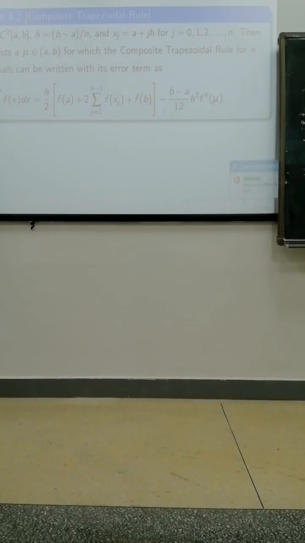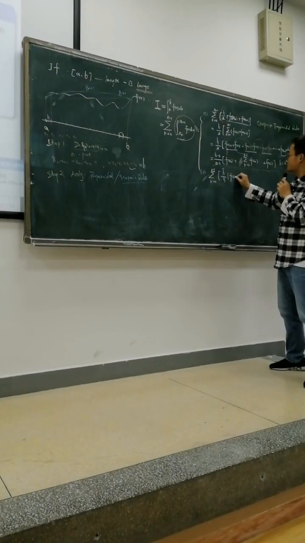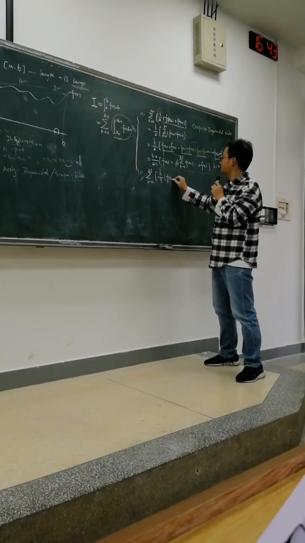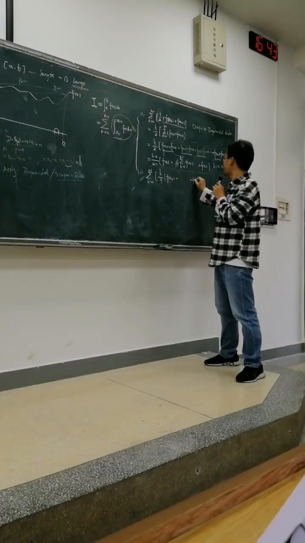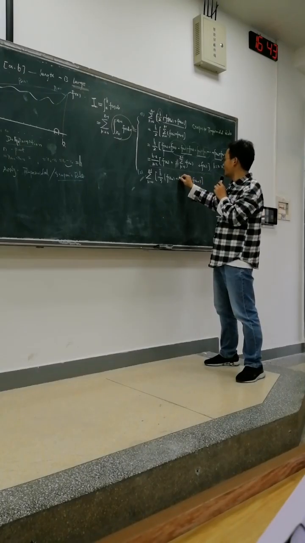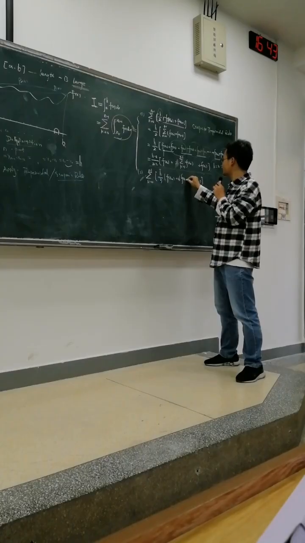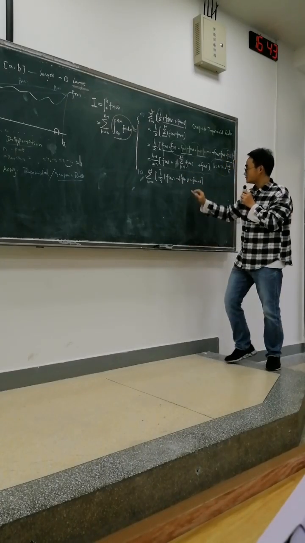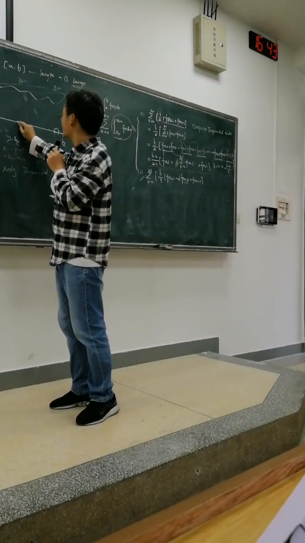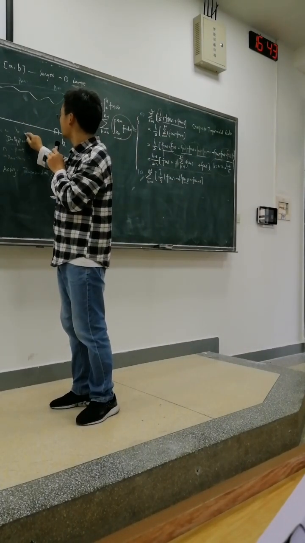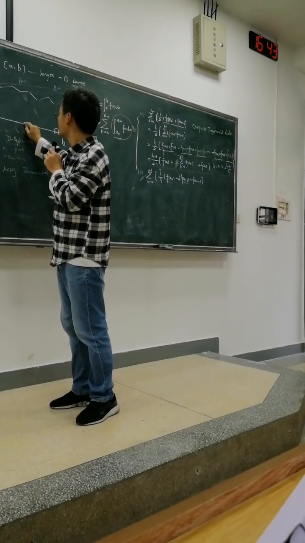So the inside should be f of xk plus f of x_{k+1}, and we have 4 times f of x_{k+1/2}. This dot point is the middle point; we call it x_{k+1/2}.